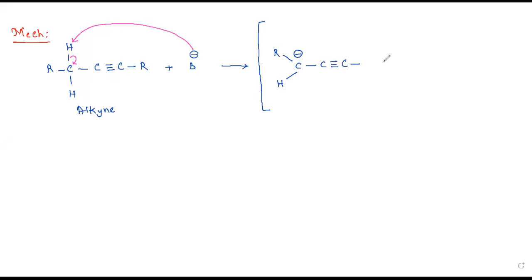Now this negative charge is in conjugation with the triple bond. This is very interesting, towards the carbon. So that is how it rearranges. Now we get RCH, then a double bond here, then here also a double bond.